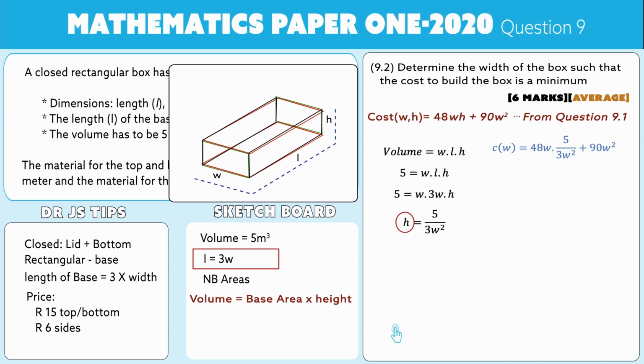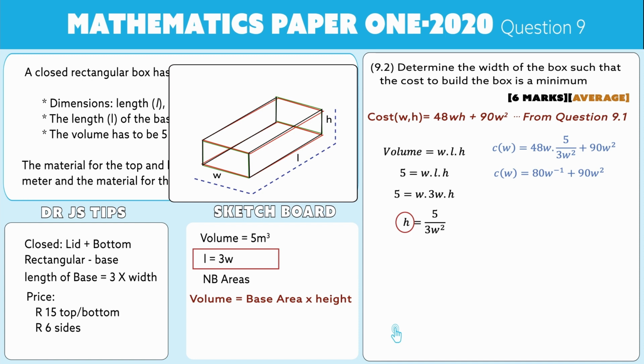So we take 48, divide it by 3 and times it by 5. If you do that, you get 80, and then W divided by W squared is W to the power of -1, plus 90W squared. That's the cost in terms of W.